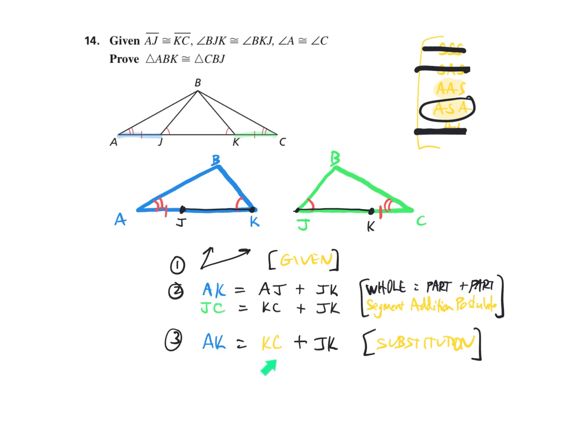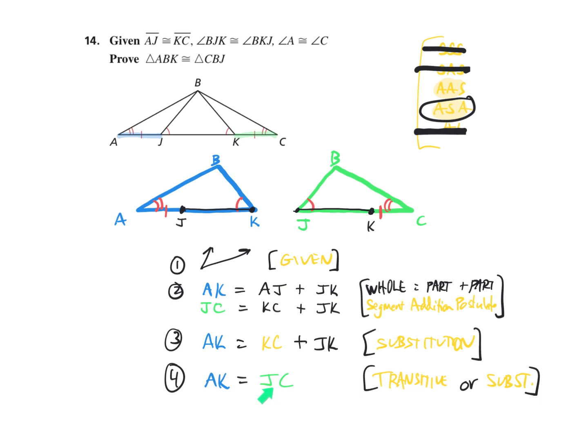And now, look at what we have when we compare AK's right side to JC's right side. Those right sides are exactly the same. So now we can say that AK, which is equal to KC plus JK, which is equal to JC. Therefore, AK is equal to JC.